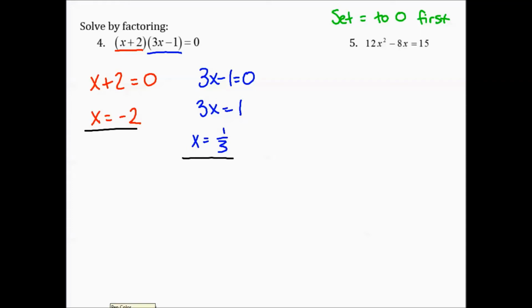So if I subtract 15 from both sides, I end up with 12x squared minus 8x minus 15 equals 0. And you need to make sure that the quadratic is written in standard form, with the x squared term being first, followed by the x term, and then the constant being last. So if I check for a GCF, there is nothing that can go into 12, 8, and 15 other than 1.